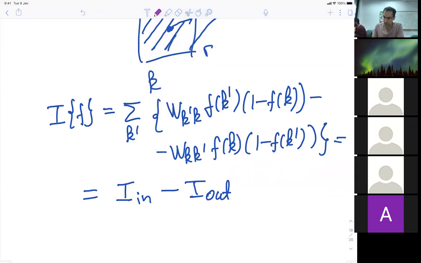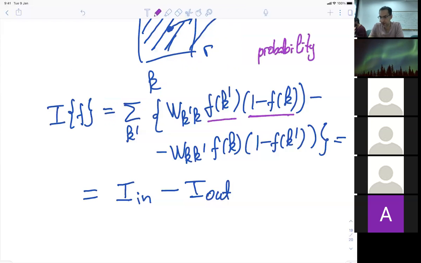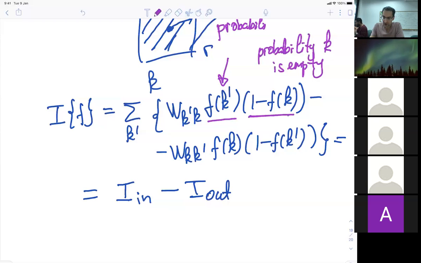So the term 1 minus f(k) says this is the probability that state k is empty. f(k') is the probability that state k' is occupied.